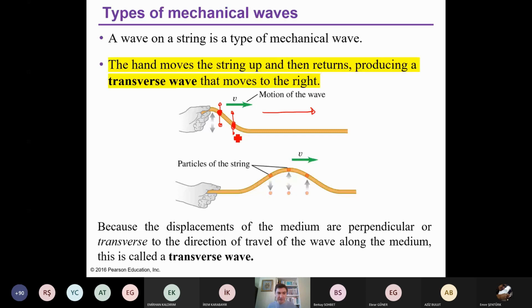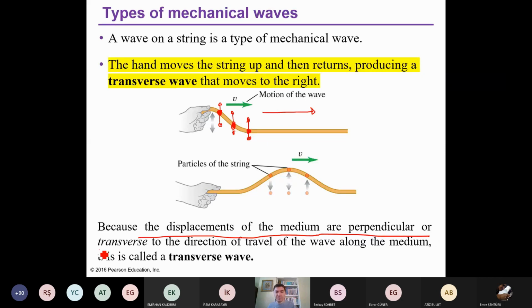So here we have the statement, the displacements of the medium, the displacements of the particles on the string are perpendicular or transverse to the direction of the travel of the wave along the medium. So this is the medium, the string is the medium, okay?